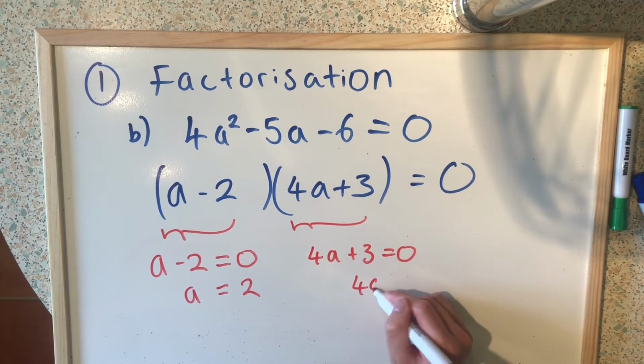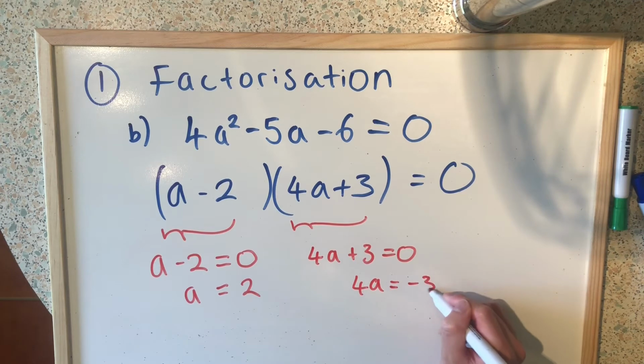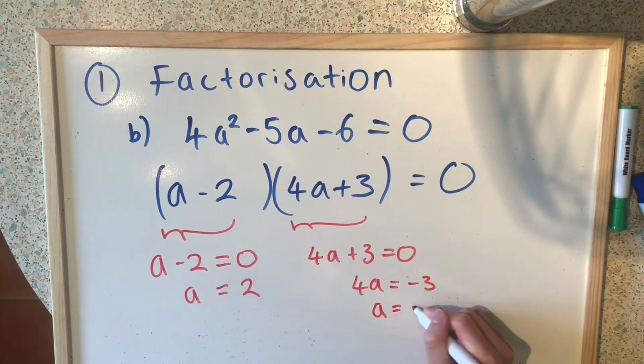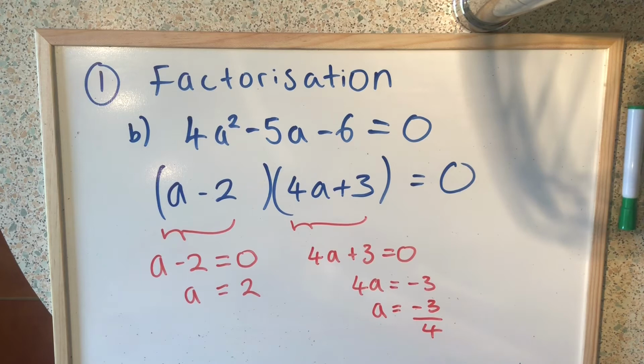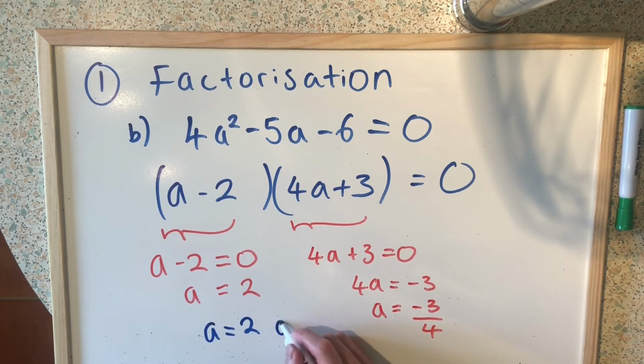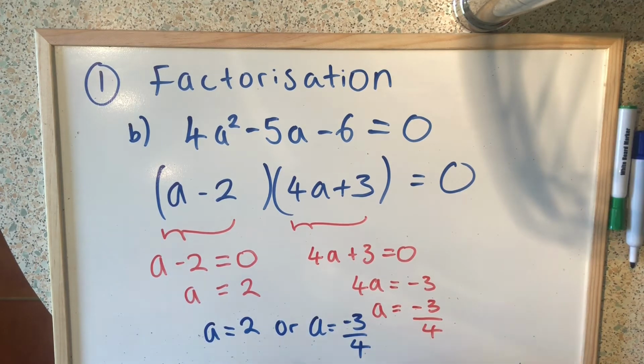So 4a is equal to minus 3, then divide by 4 on both sides. So a must be minus 3 quarters. So our answer is a is 2 or a is minus 3 quarters.